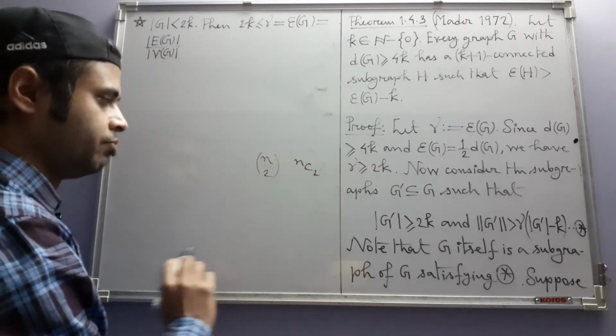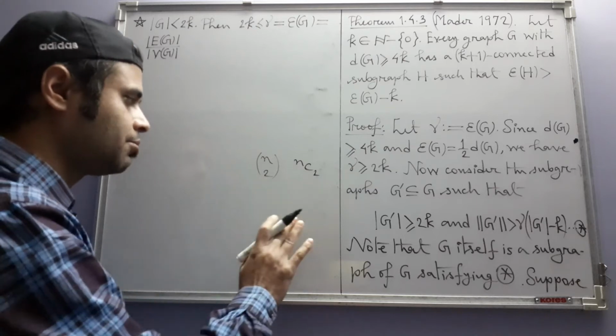Any two vertices are adjacent, so all possible edges are there.